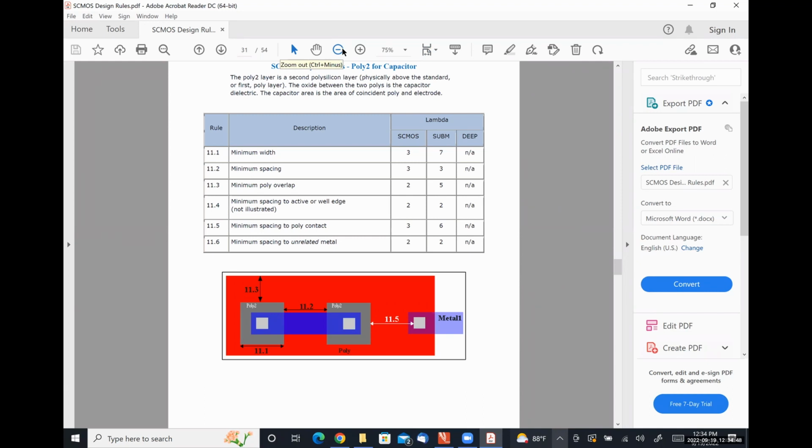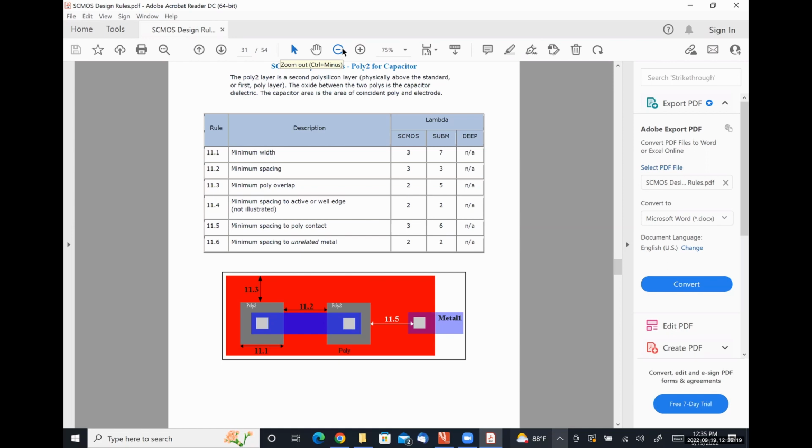So one of the key things here that we have to pay attention to is that the poly 2 has to be smaller than the poly 1. Okay, so the poly 1 layer, which is physically below the poly 2 layer in our top-down view, is larger, so that we're always going to have a larger bottom plate for our capacitor than we are going to have a top plate for our capacitor.